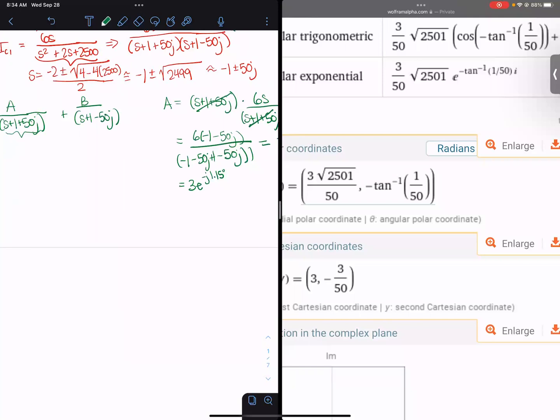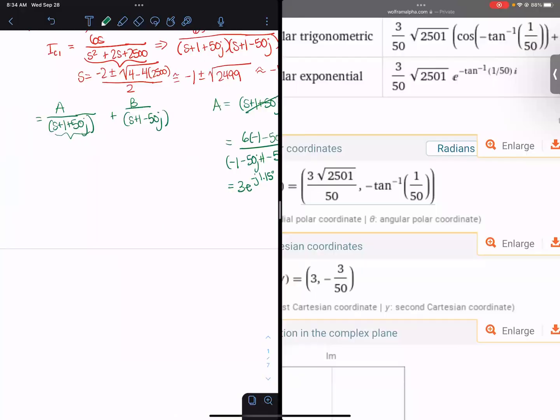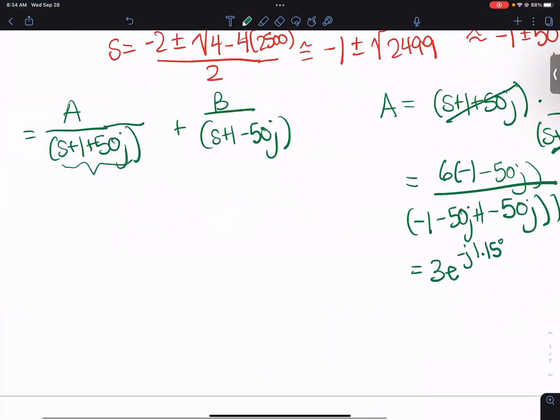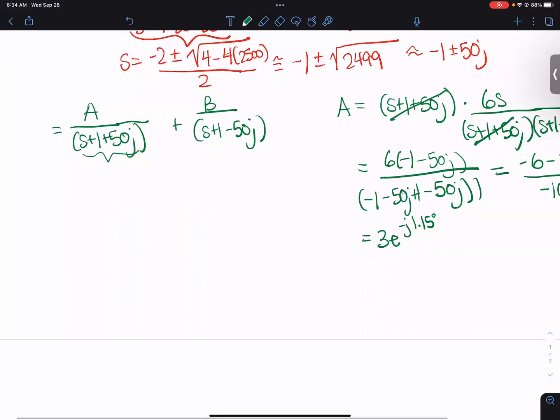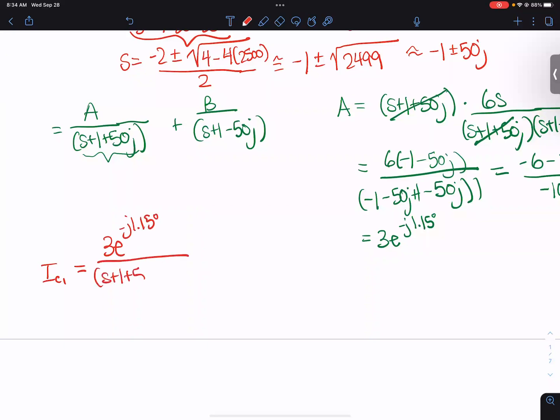So now our IC1 is going to be 3e to the minus j 1.15 degrees over s plus 1 plus 50j plus 3e to the plus j 1.15 all over s plus 1 minus 50j.